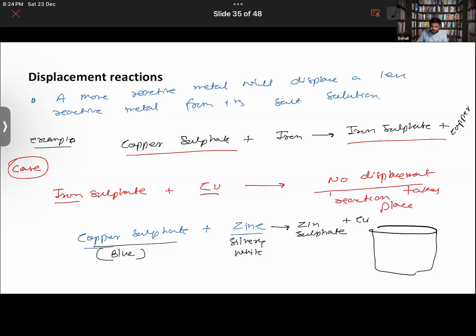Interestingly, the zinc sulfate that is formed here is a colorless solution, basically identical to water.